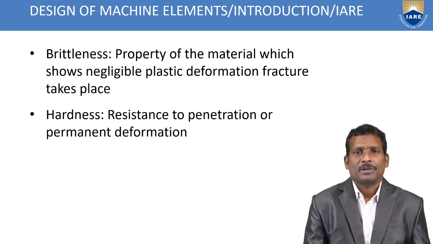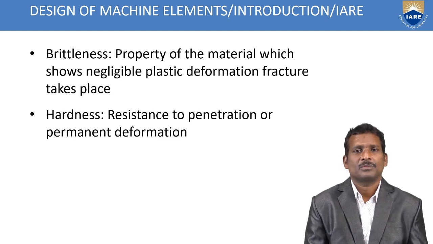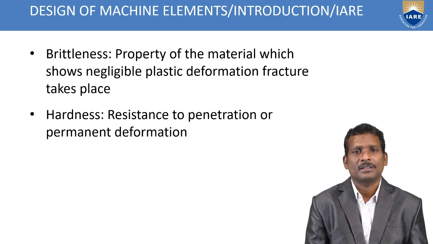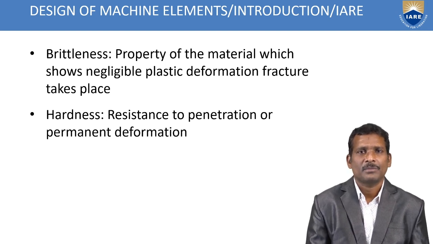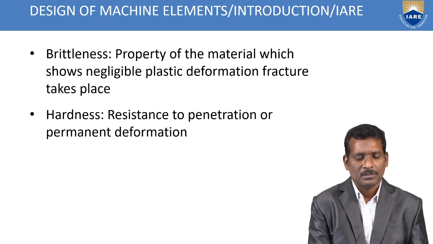Next, brittleness property: the property of a material which shows negligible plastic deformation. So, without indication of any plastic deformation, the element will fail. That type of property is called brittleness. So, the fracture takes place without indication, without any sign of a crack. So, suddenly it will fail. For example, the cast iron material. Clear? The brittleness property is found in cast iron material.